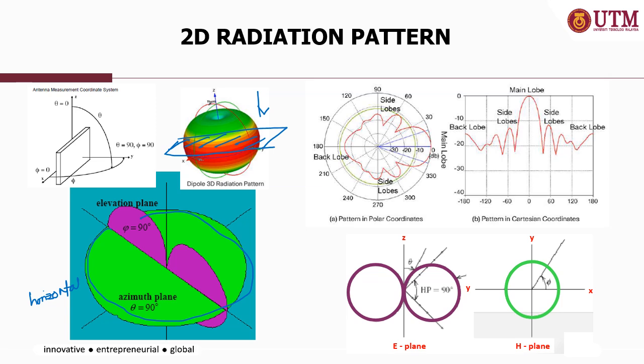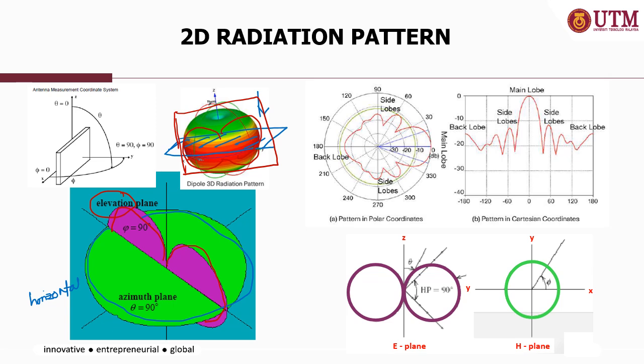And on the other hand, when we cut it over here, we cut it half over here, so we may see something like a figure 8. This is the figure 8 shape when we cut it vertically, or at the elevation plane.